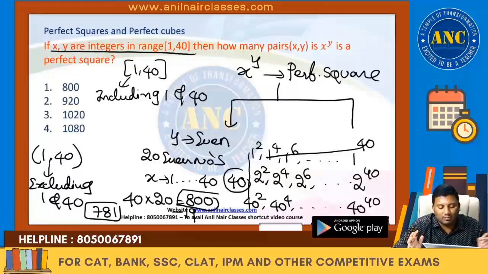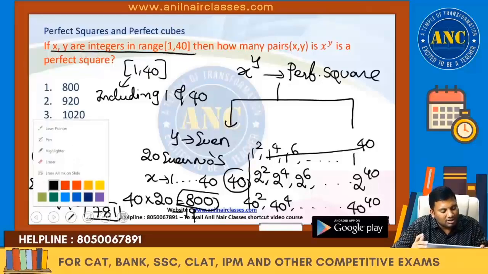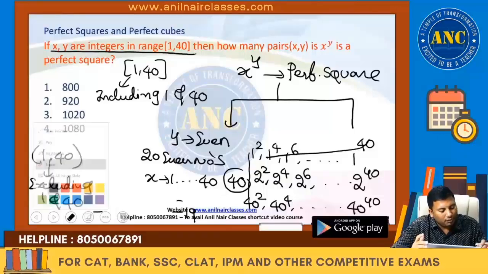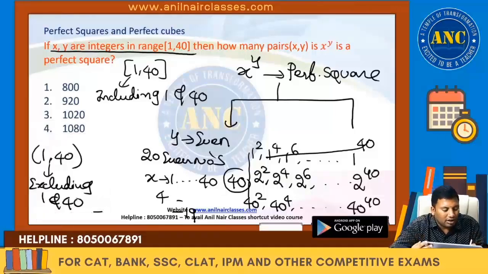This is only case number 1. I think he has not said that x and y are distinct numbers. He is only asking how many pairs x comma y, not how many values. So here, I hope you have understood what I am doing: 40 into 20 is 800.